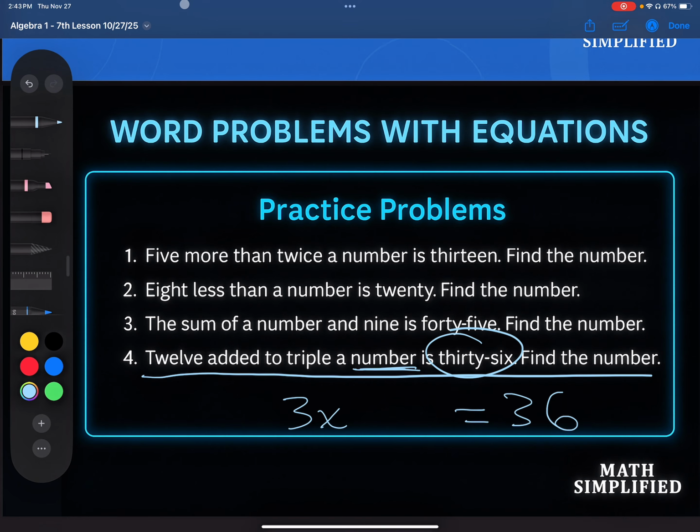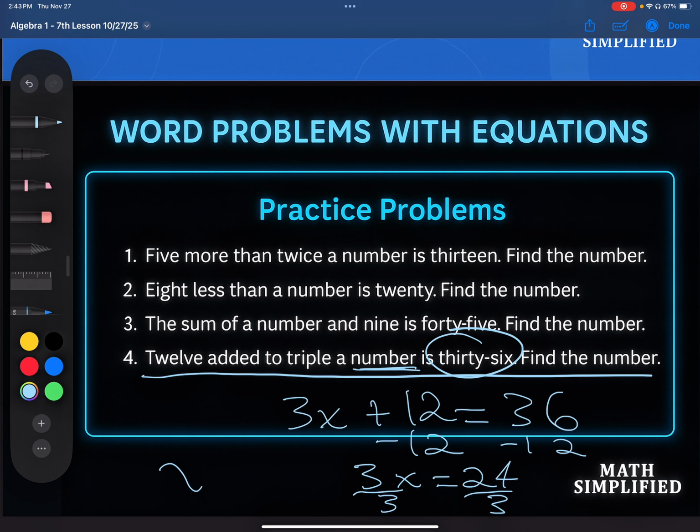And then added by 12. There it says addition, okay? So it's 3x plus 12 equals 36. So then we subtract 12 from both sides, 3x equals 24. Then we divide by 3, and our solution is x equals 8.